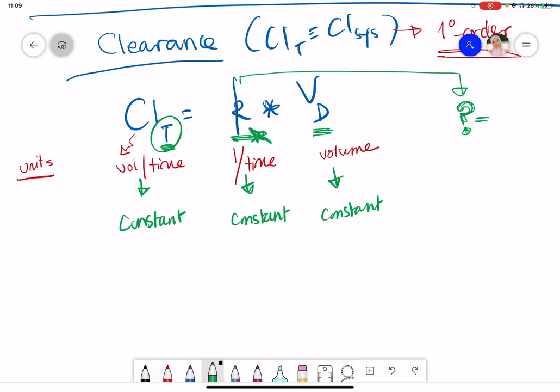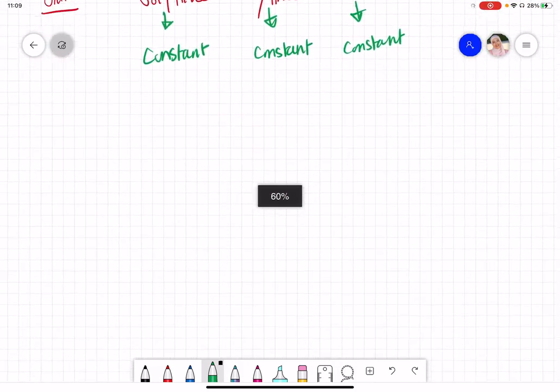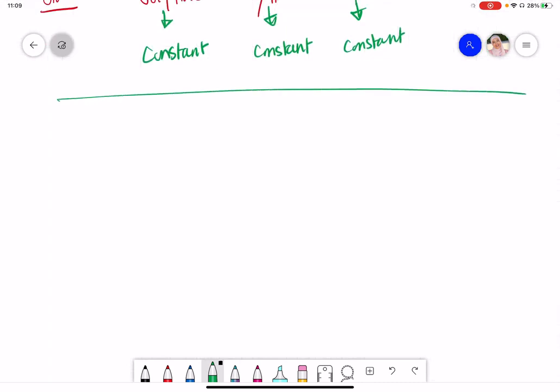And we mentioned before that K equals the sum of the rate constants of all the different processes that we have in elimination, because this is the elimination rate constant, right? Which covers the overall elimination process.